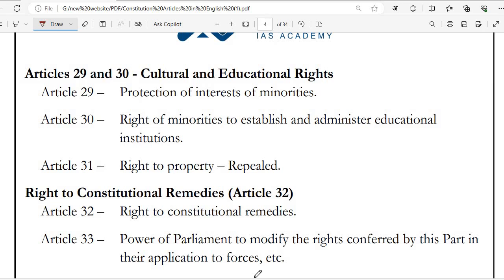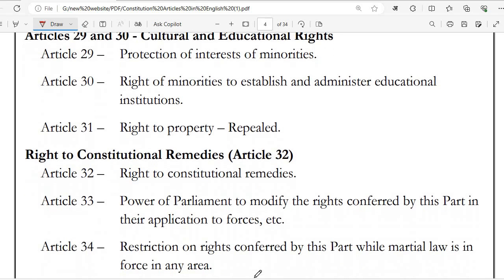Dr. B.R. Ambedkar called this fundamental right the heart and soul of the Indian Constitution, because whenever any person or government agency tries to violate our fundamental rights, we can seek remedy or relief from the Supreme Court, and the Supreme Court can immediately issue five kinds of writs: the mandamus writ, quo warranto writ, prohibition writ, certiorari writ, and the habeas corpus writ for protecting or restoring the fundamental rights.